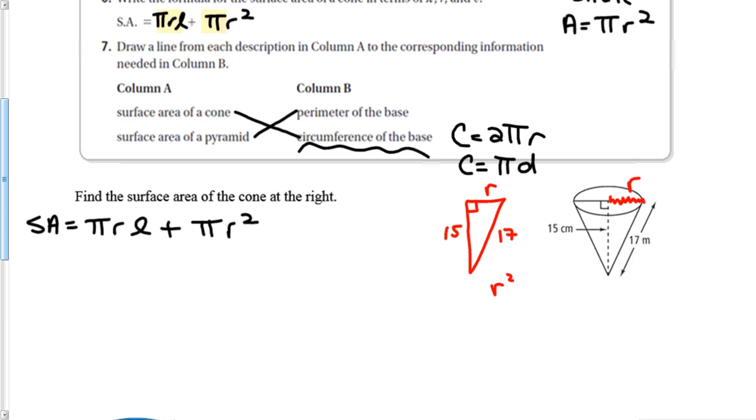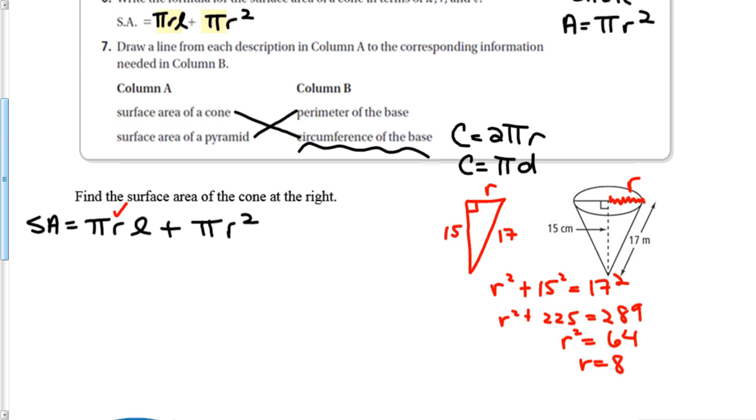So for Pythagorean theorem, I would have r squared plus 15 squared equals 17 squared. Then I can work this out, and I get r squared plus 225 is equal to 289. Subtract 225 from both sides, and I get r squared is 64, which tells me r is 8.